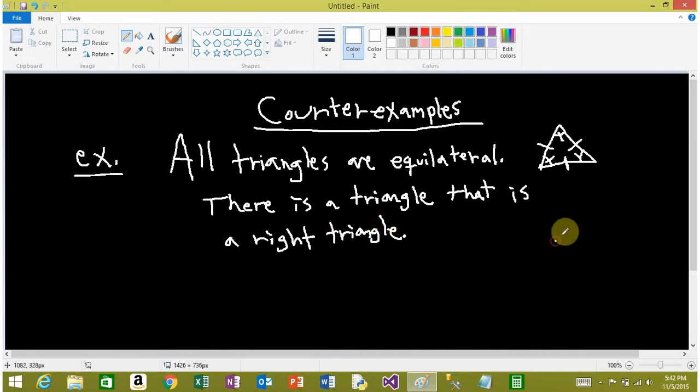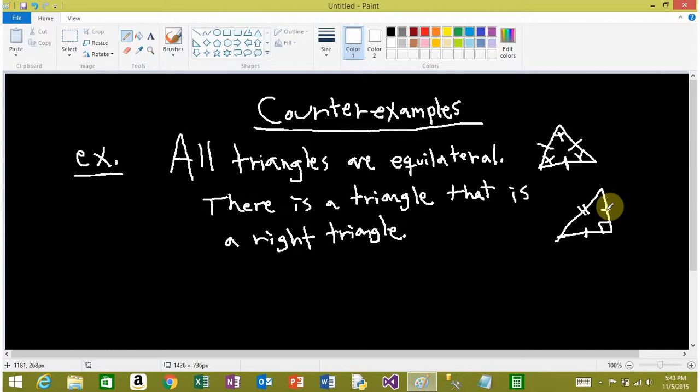And of course with a right triangle, you always have a 90-degree angle here, right? And so you can see that all the sides are not necessarily the same. You may have a right triangle that's isosceles, where the two legs are congruent, and then of course your hypotenuse being longer than those two sides. It's a different length.